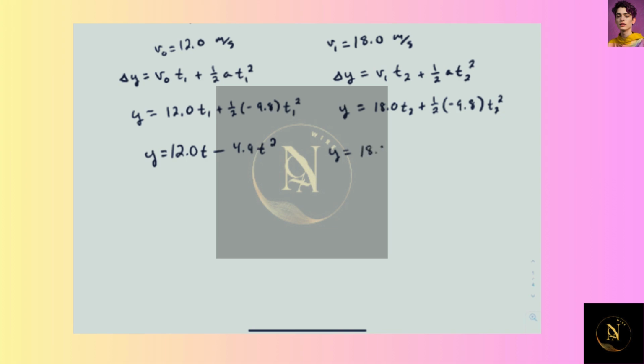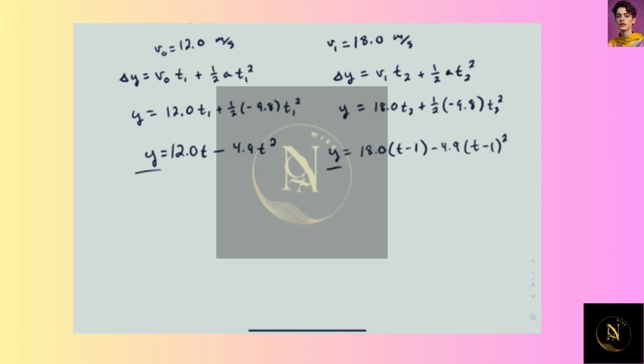Then the time for the ball is going to be t minus 1, because it's thrown a second later, minus 4.9 times t minus 1 squared.